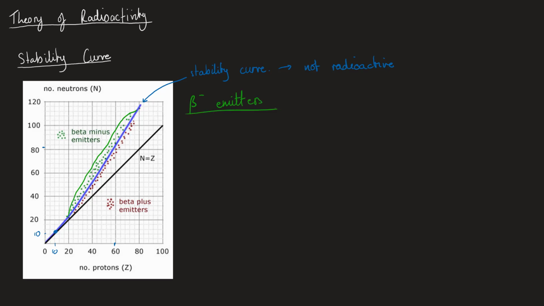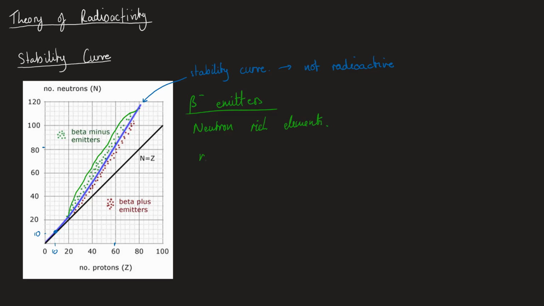Anything that lies above this curve therefore has more neutrons than protons. So these are neutron-rich elements, and this is why they will undergo beta minus decay.